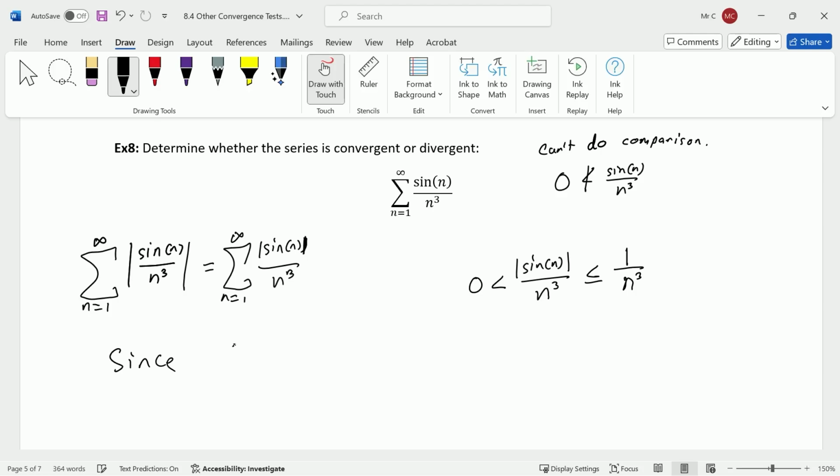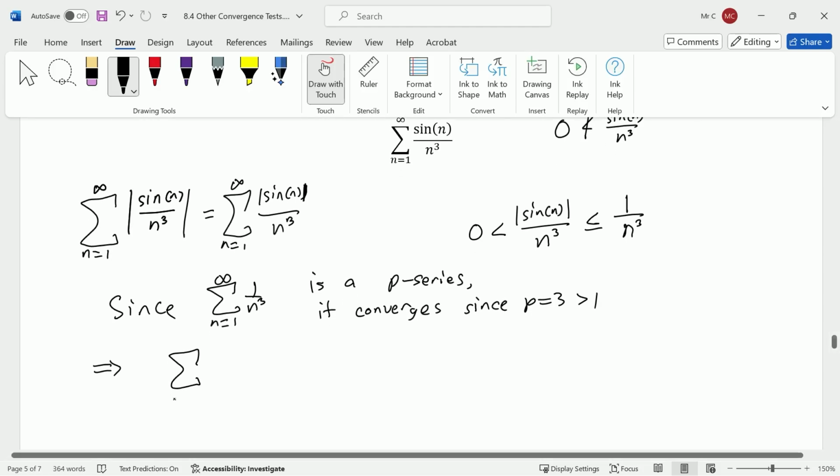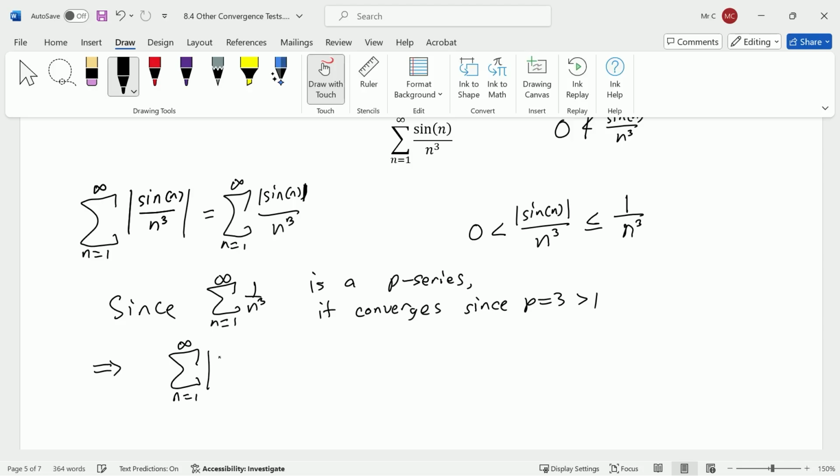So then, since we know that the sum from n equals 1 to infinity of 1 over n cubed is a p-series, it converges since p is 3, which is greater than 1. That implies this series, the sum from n equals 1 to infinity of the absolute value of sine of n over n cubed, converges by the comparison test.